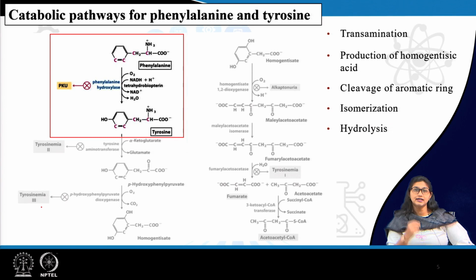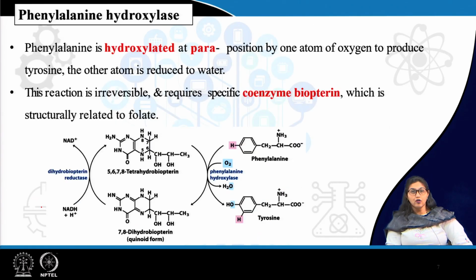If you remember this pathway, this is the formation of tyrosine from phenylalanine, and as this pathway proceeds further, we will see how tyrosine is catabolized. You remember that from phenylalanine, tyrosine is formed via hydroxylation.